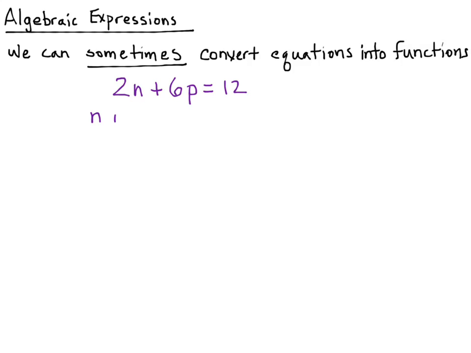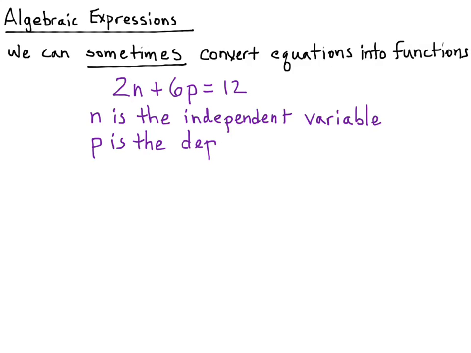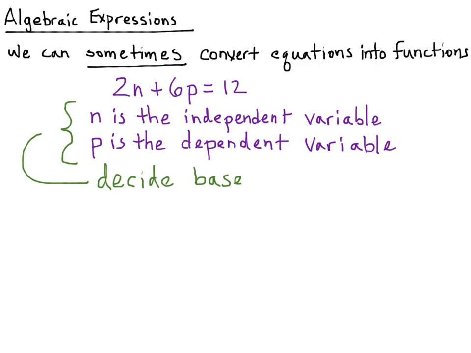But if we rearrange this to say, I'm going to be choosing my n and I want to figure out what my p is, we're declaring n to be the independent variable and p the dependent variable. Depending on the model that you have, this is a decision that you make.